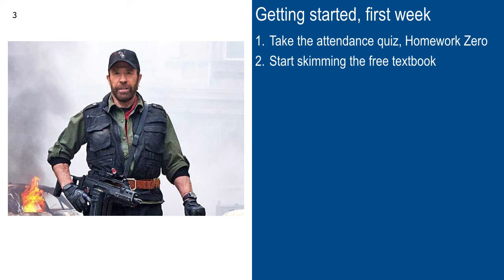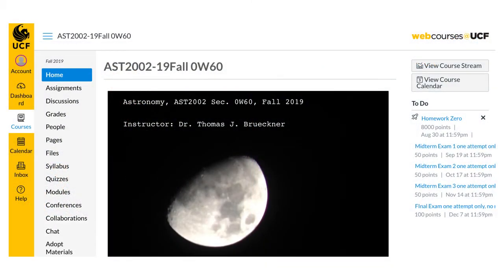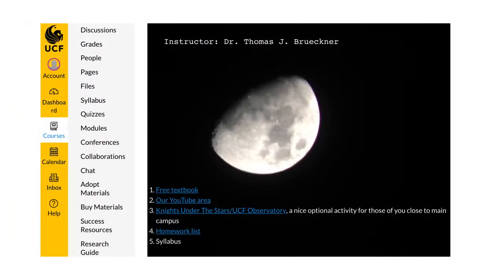The other thing you can do is start skimming the free textbook. That's right, we're using a free textbook this semester, and it's embedded in web courses. It looks like this. It's from the OpenStax system, and we've used it in prior semesters. Here's the home page, and if you go towards the bottom, you'll see a link to the free textbook.